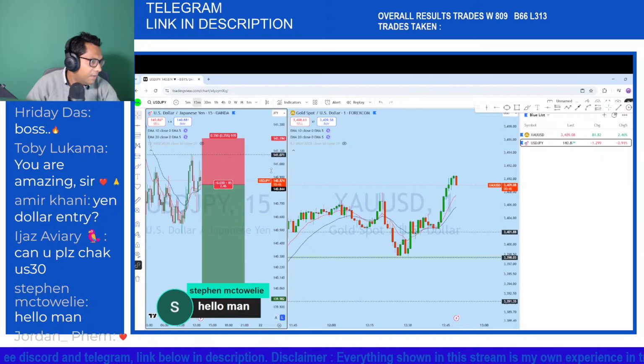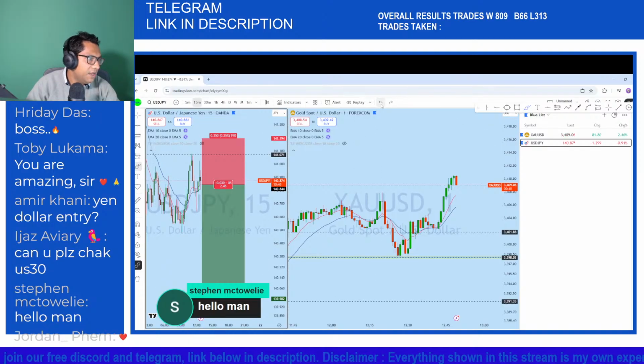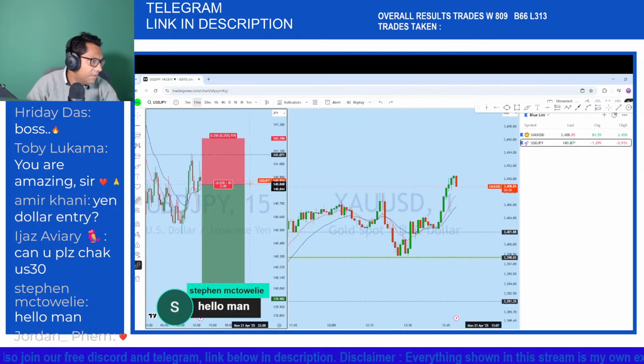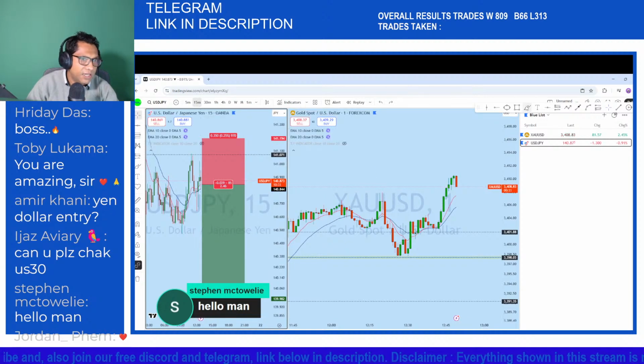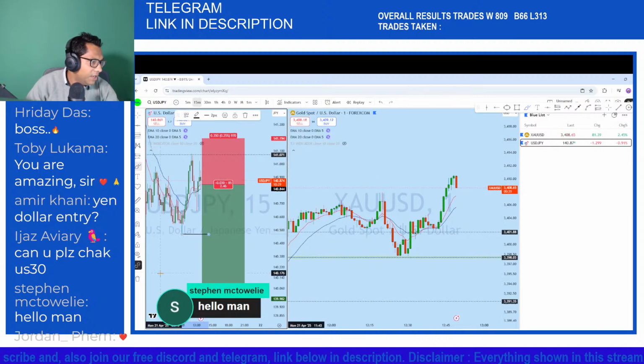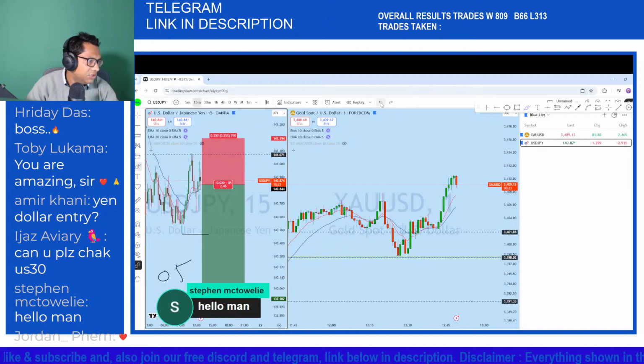I am in the trade on dollar yen, and if the market manages to break below here, after the candle close, around 37 pips, if we see the market there, then we will take partial profit of around 50% and move the stop loss to entry. So that's the plan for this trade.